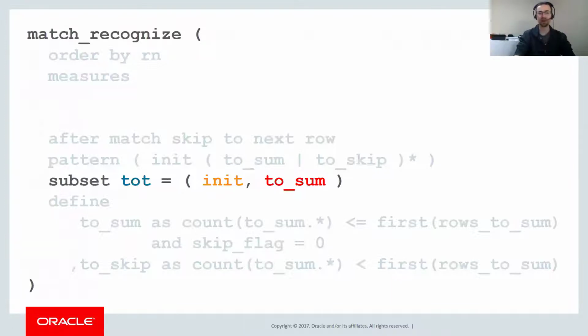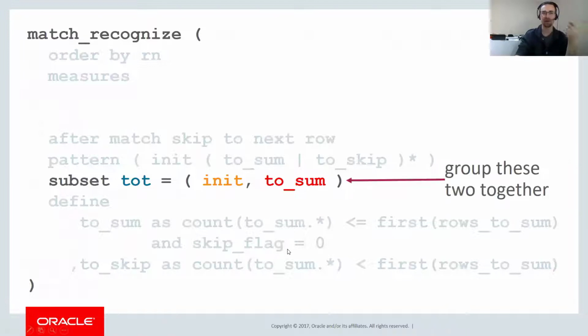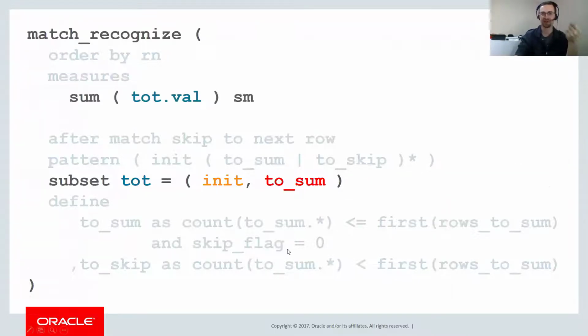And we can include this. So how does that help us? Well, our sum was init plus the sum of those two sums. So by grouping those together, we can just sum that total, simplifying our measures clause here, and get the result as there. So a little simplification function to make this work with.